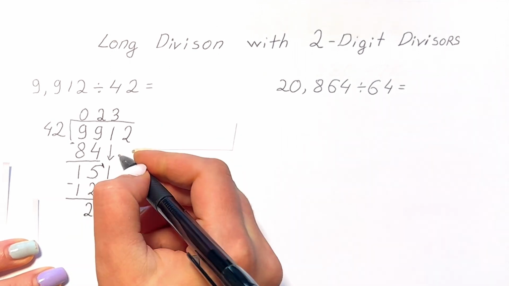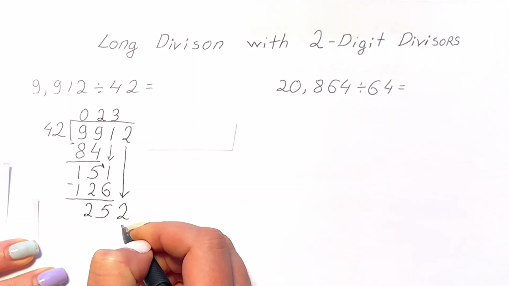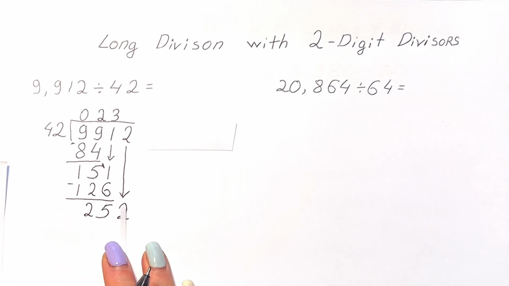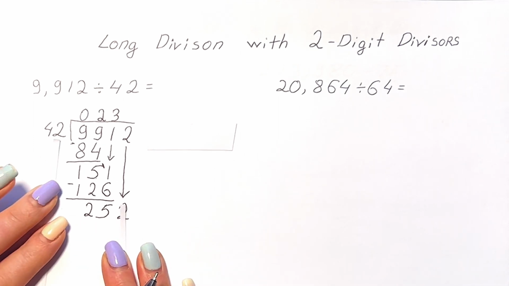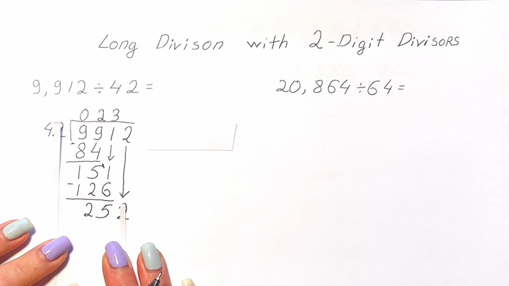Okay, so let's bring it down. Now 42 goes into 252 how many times? Let's cover one digit, making it a one-digit divisor. 4 goes into 25 6 times.